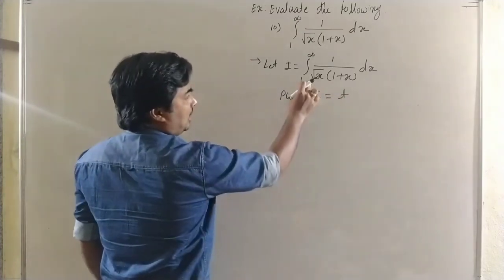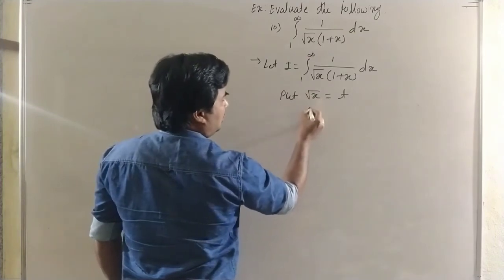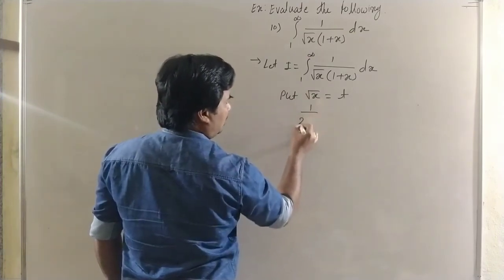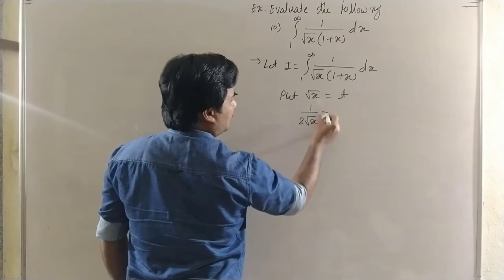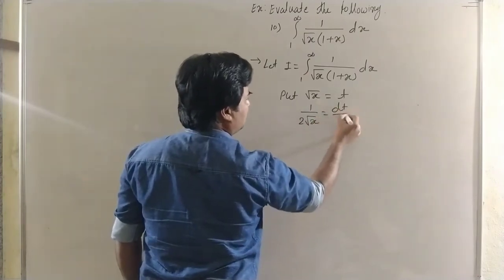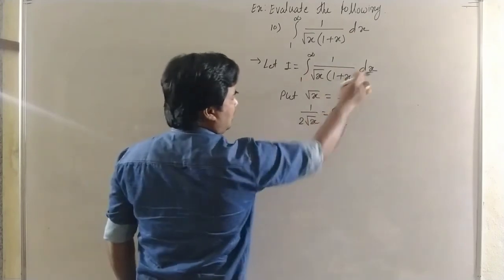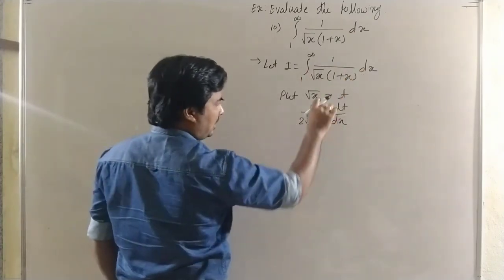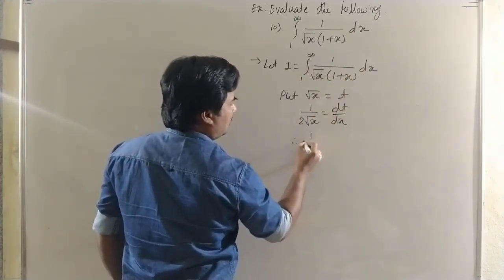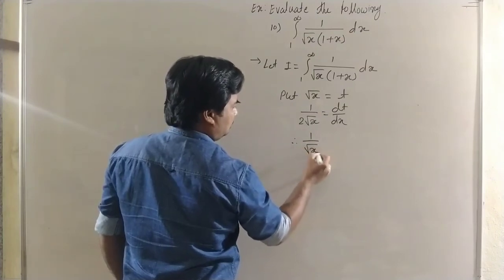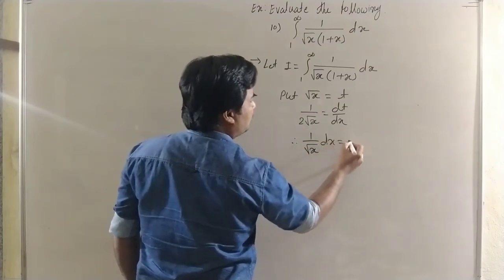Differentiating with respect to x, the derivative of under root x, 1 by 2 under root x, equals dt by dx. But here we have only 1 by under root x and dx, so taking these two to the other side, 1 by under root x into dx equals 2 dt.